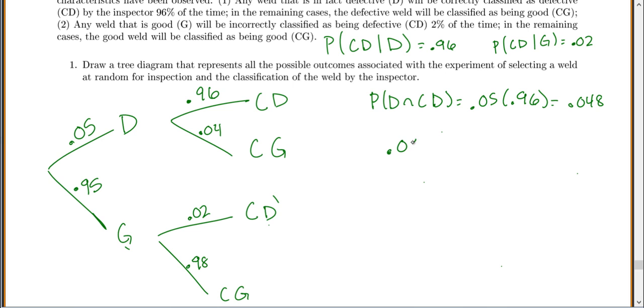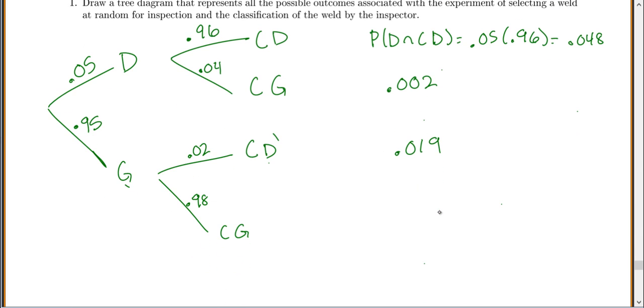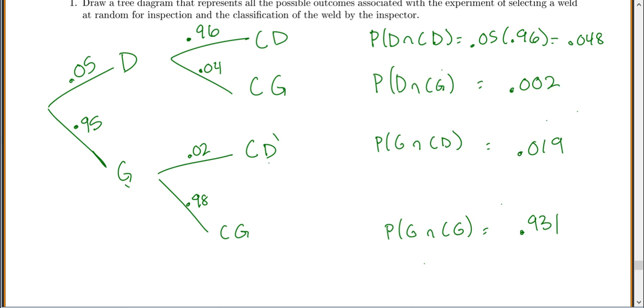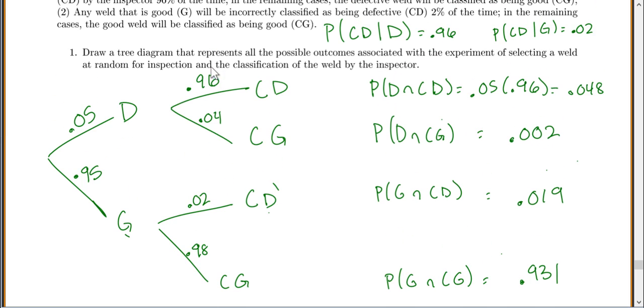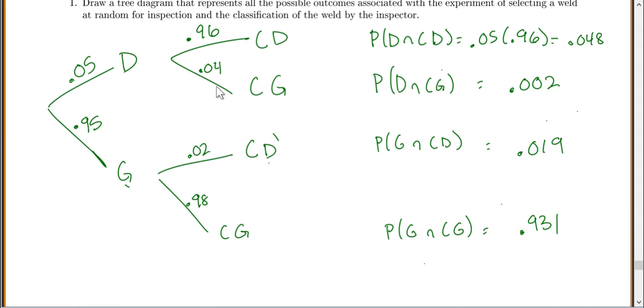And the others are 0.002, 0.019, and 0.931. Again, these are the probabilities of each intersection. And you find them by multiplying along the branches. And notice what probabilities were on this second set of branches? It was the conditional probabilities.